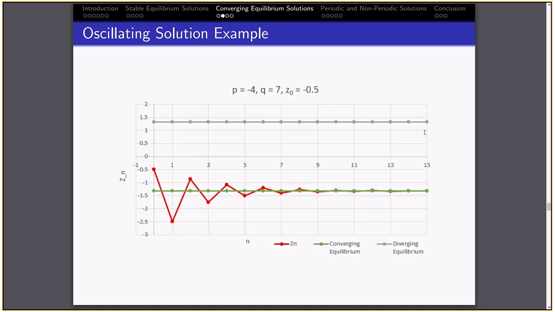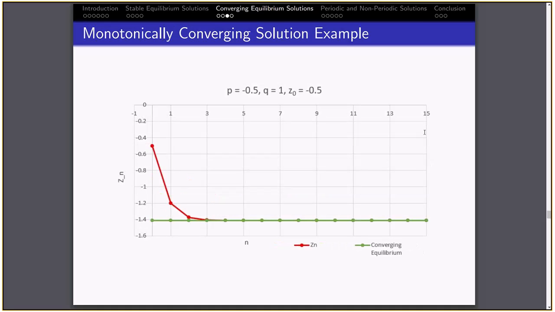As we see, PQ is negative in value, and P is also negative in value, so the solution is going to converge to that negative equilibrium. We also have non-oscillating solutions in which the P value is again negative, PQ is also negative, so it's still going to converge to that negative equilibrium.